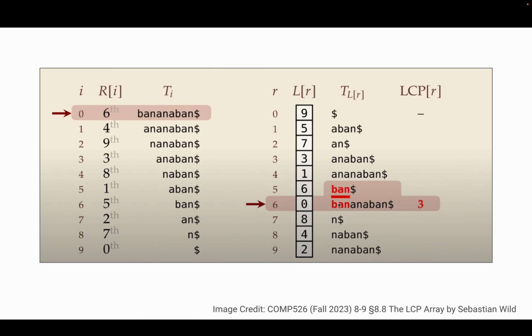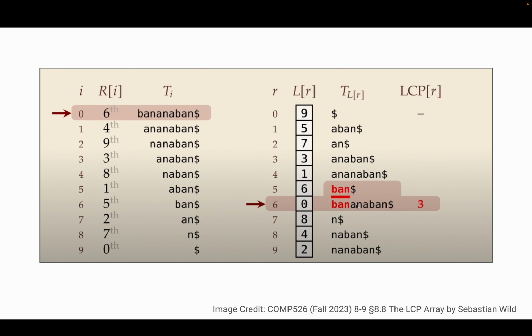So what we do is we compare it with the element that is just above it. Logically, if you think about it, every suffix should have common things with other substrings which are close to it.